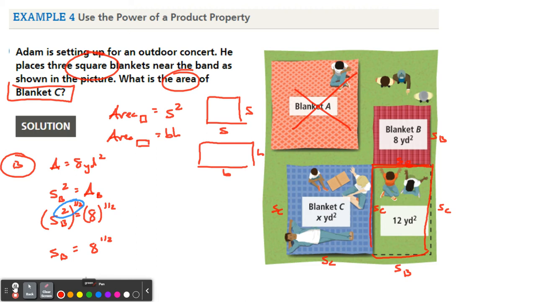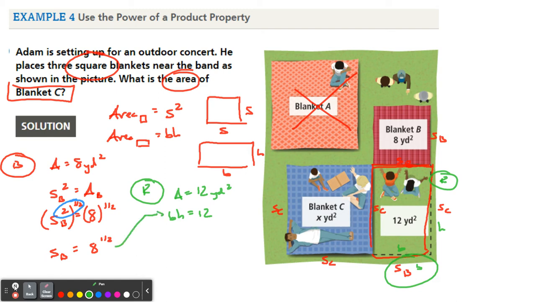So now I'm going to change gears and go to green because the rectangle's in green. We're going to do the area of the rectangle, R. The area equals 12 yards squared, and the area is base times height, so base times height equals 12. I know that the base is the side length of B, so I'm going to plug in 8 to the 1/2 for the base.